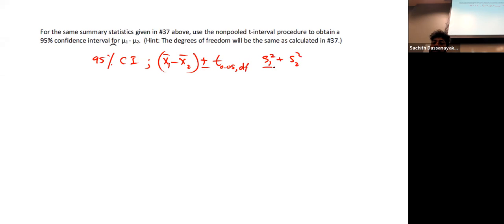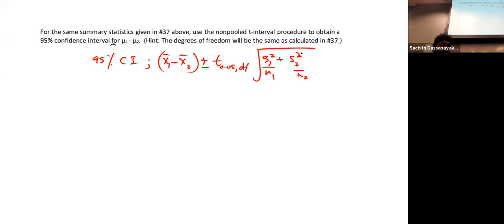I'll just write it. The 95% CI you can find using x1 bar minus x2 bar plus or minus T 0.05 with df times the square root of S1 squared over N1 plus S2 squared over N2.